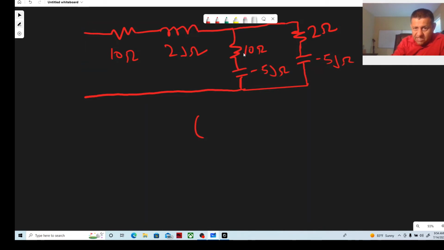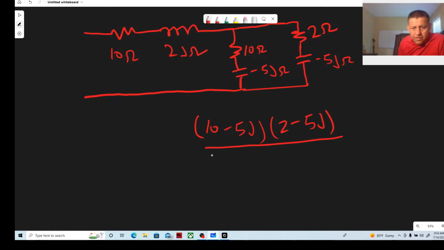Whatever corresponds to this two, and whatever corresponds to this two, right? So it's going to be 10 minus 5J, right, times 2 minus 5J, right, over 10 minus 5J plus 2 minus 5J, like that, right?